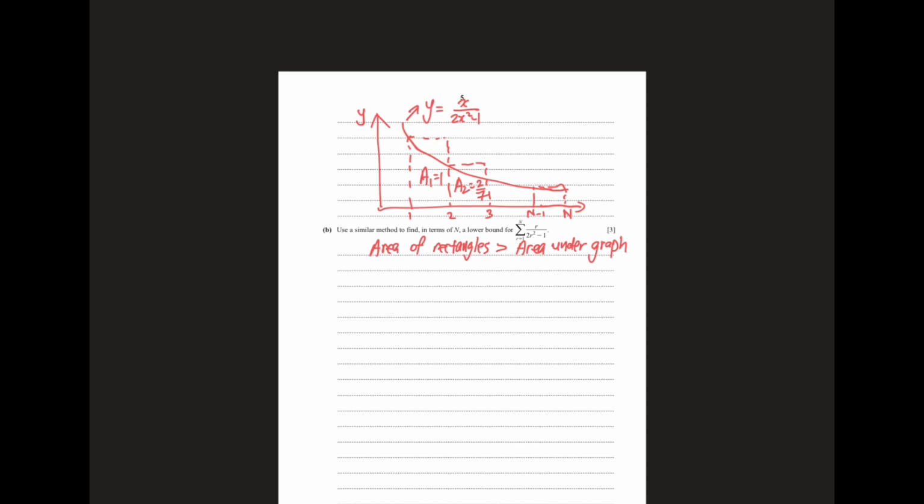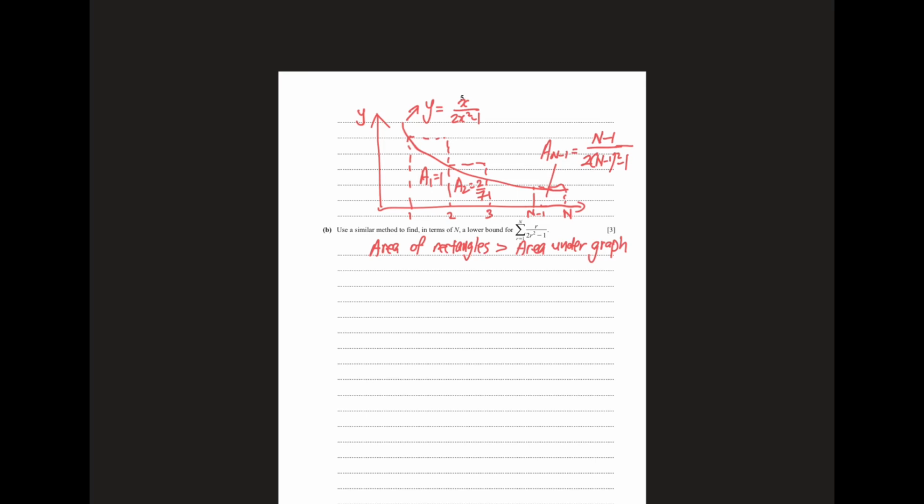Okay, and then this last area is going to be area n minus 1. So for area n minus 1, I have to substitute n minus 1 into the curve function, and I will get n minus 1 over 2(n minus 1) squared minus 1.